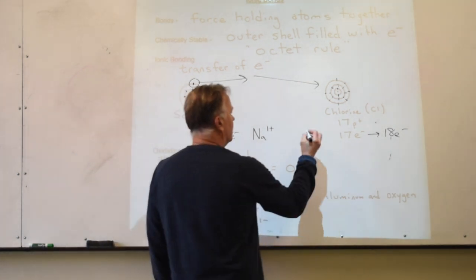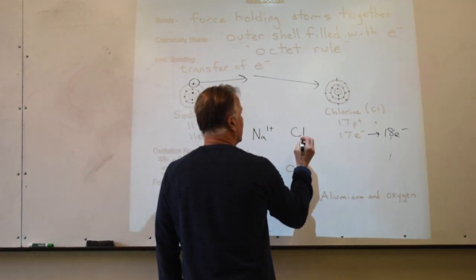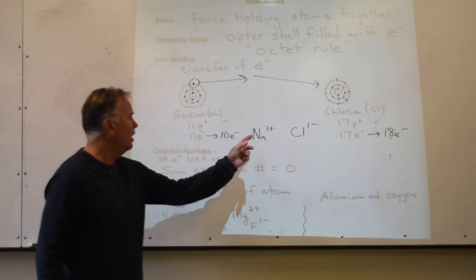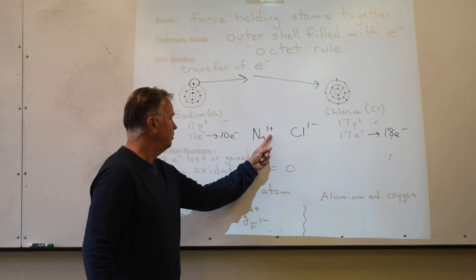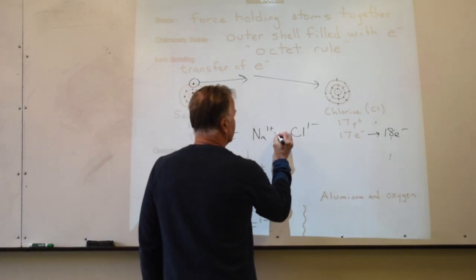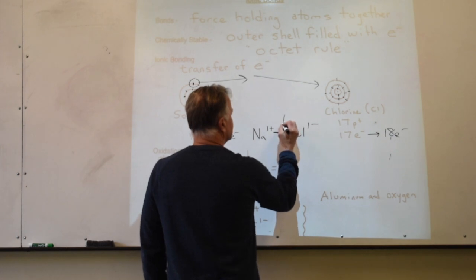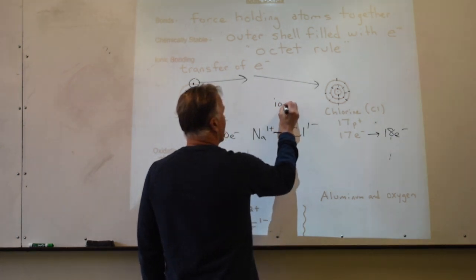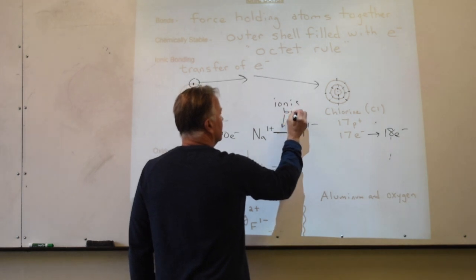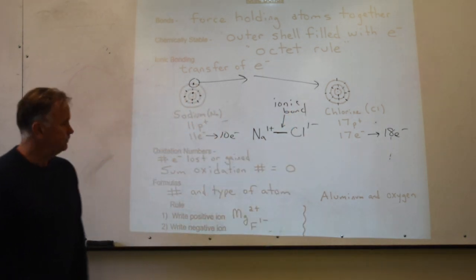So we're going to give chlorine, Cl, a 1 minus charge. And you know now, sodium is positive, chlorine is negative. They will form a bond. So you would call that, of course, an ionic bond. A bond between ions.